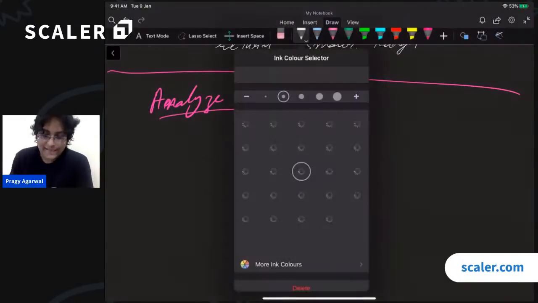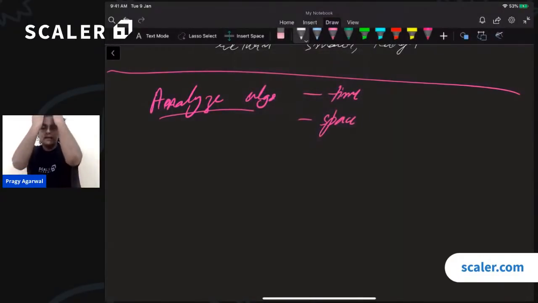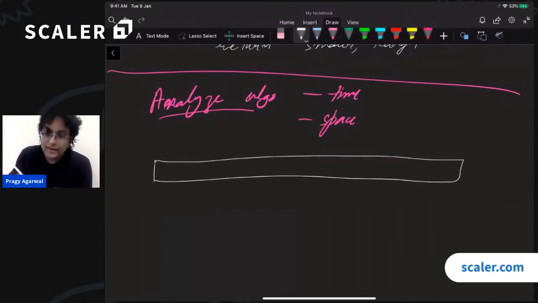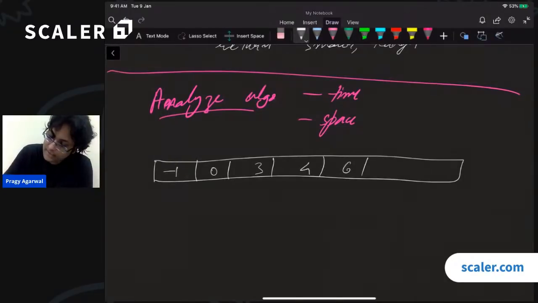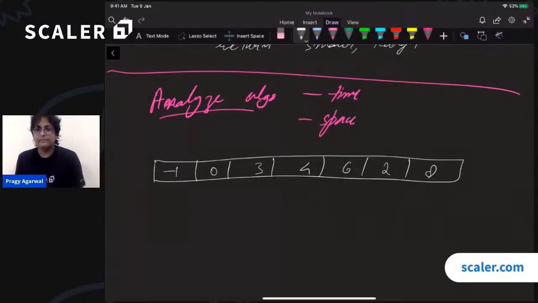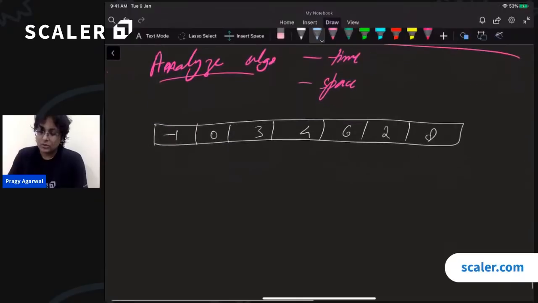Now let us analyze the time and space complexity. Several of you had pointed out what really happens with different pivots. So let us take an example. Let us say that we have numbers something like this: -1, 0, 3, 4, 6, 2, 8. Let us say that this is our particular array. Let us choose some pivot. Let us say that initially 3 is the pivot.